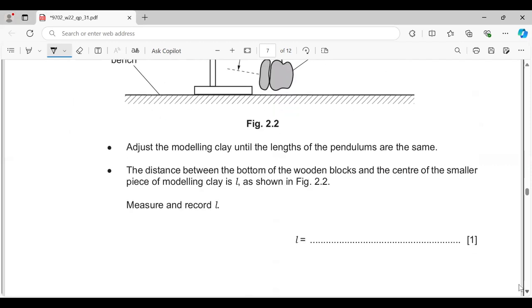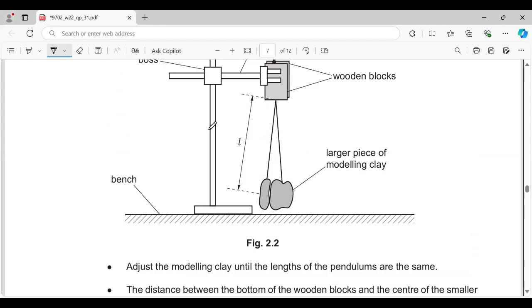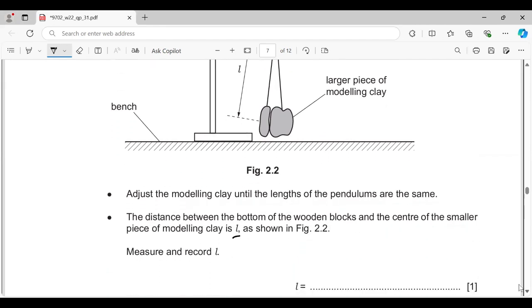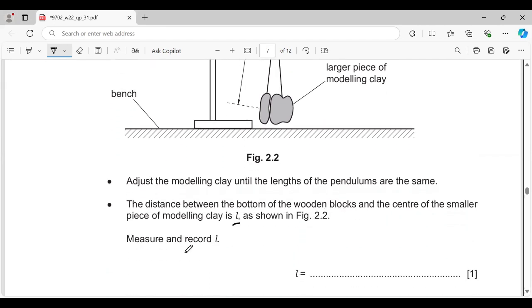And next, adjust the modeling clay until the lengths of the pendulums are the same. The distance between the bottom of the wooden block and the center of the smaller piece of modeling clay is L. Okay, so I'm going to show you, this is L, the center of the pendulum and the block, as shown in figure 2.2.